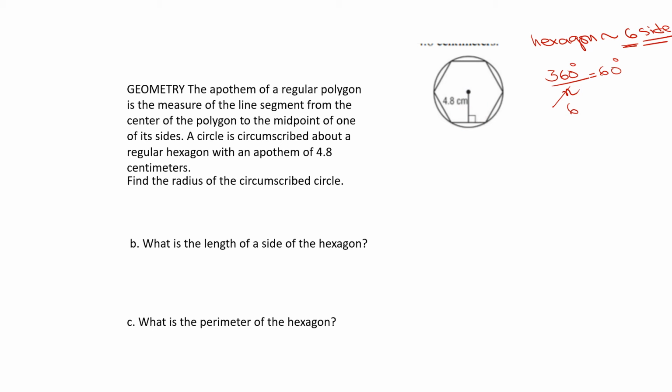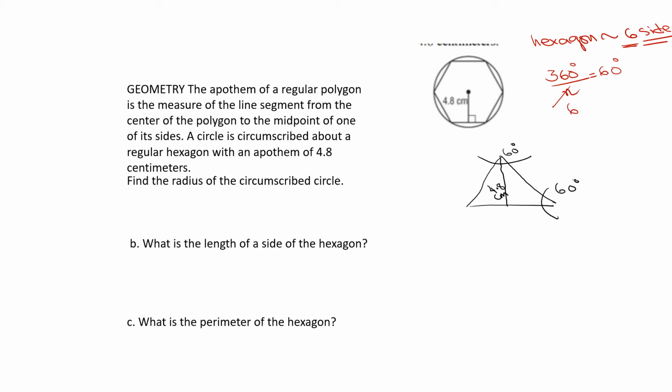I don't want the whole triangle. I just want to show you that this is the angle here, here and here. This side is said to be 4.8 centimeters. Now this angle is 60 degrees.